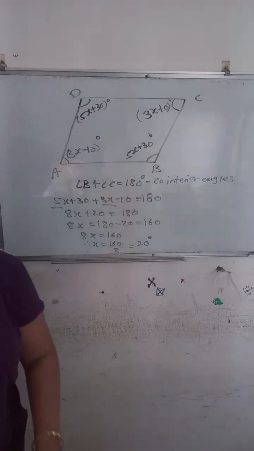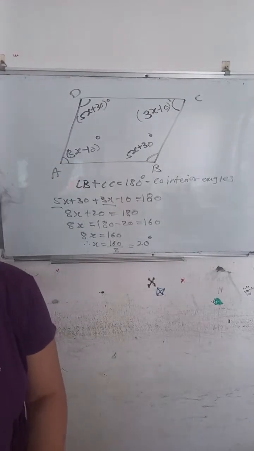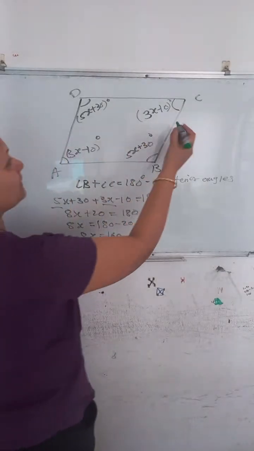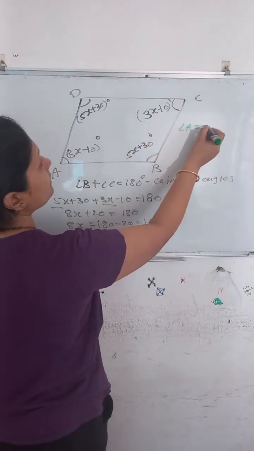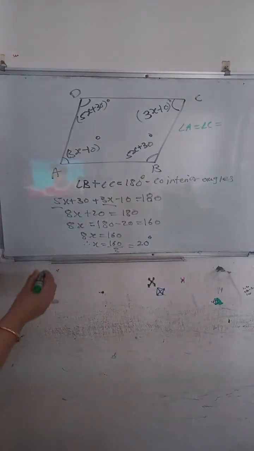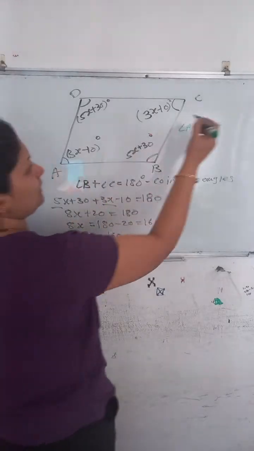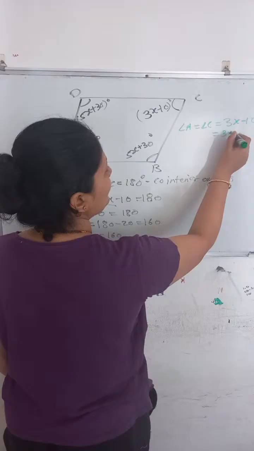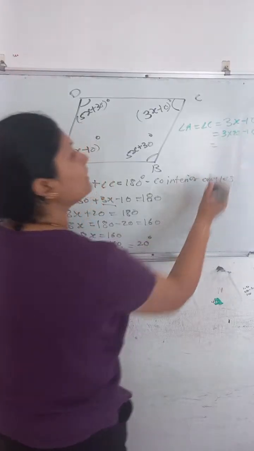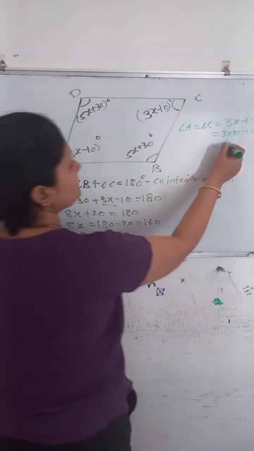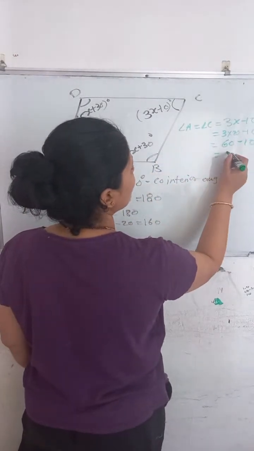But they are asking us to find out the angles. So here I can write angle A is equal to angle C, opposite angles. And I got x is 20, so both are 3x minus 10. 3 into 20 minus 10 is 60 minus 10, which is 50.